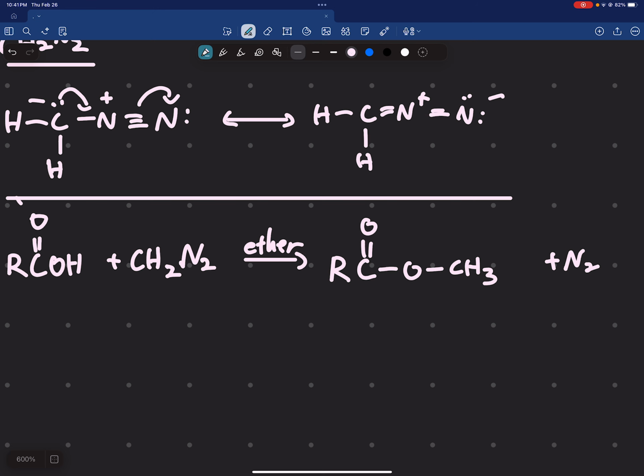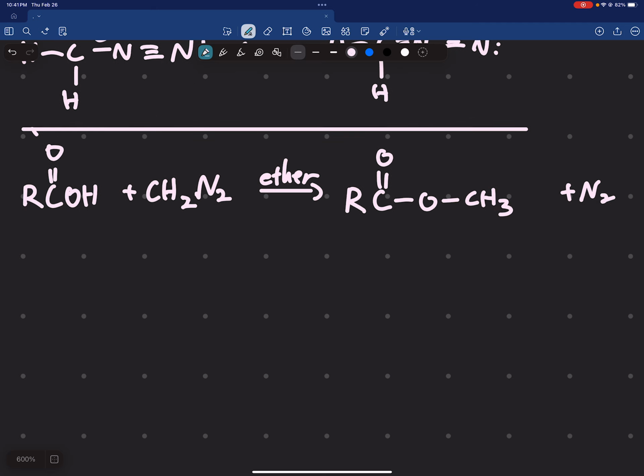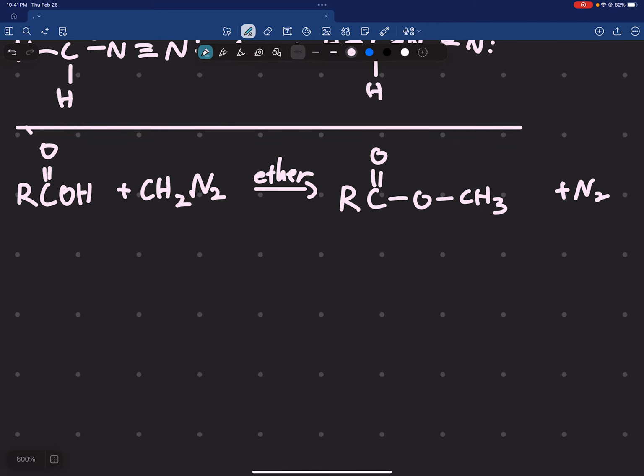This esterification process occurs in 2 steps. We're going to go over the mechanism for this because it's pretty simple. First, the diazomethane will deprotonate the carboxylic acid. There will be a proton transfer from the carboxylic acid to diazomethane, and it will create a carboxylate anion.